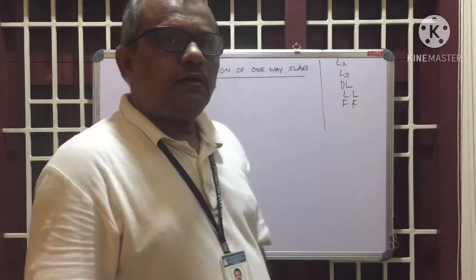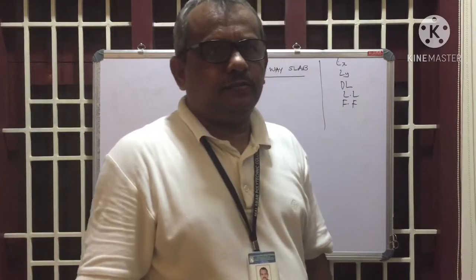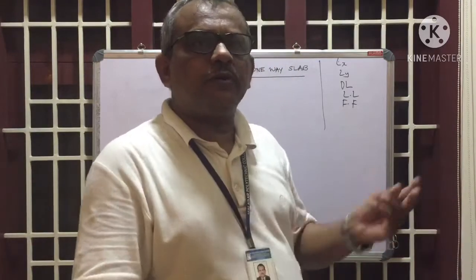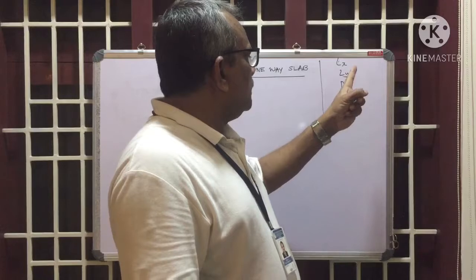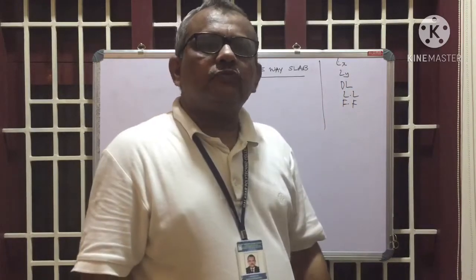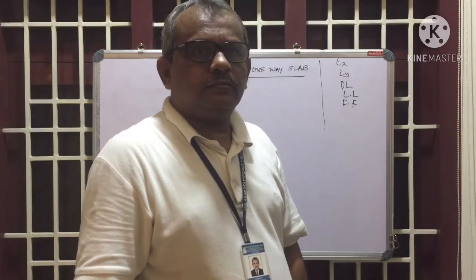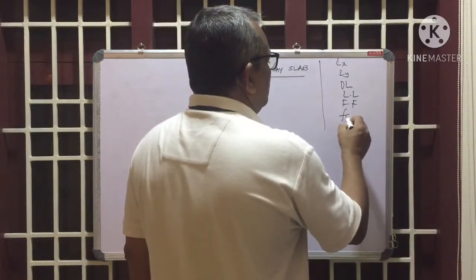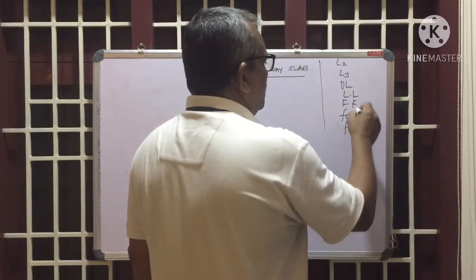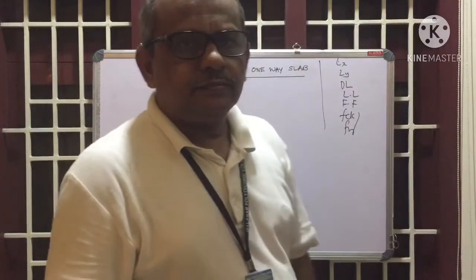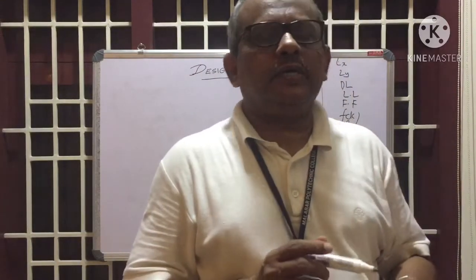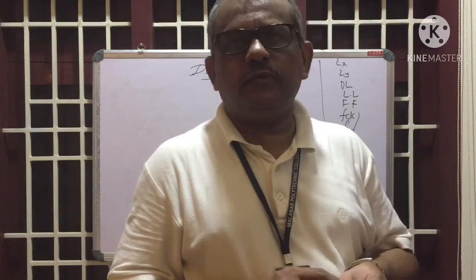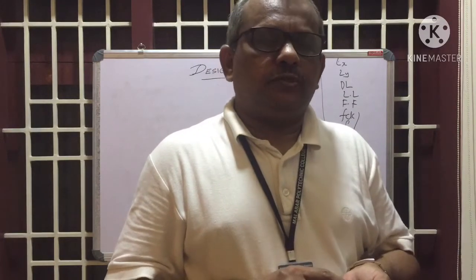Sometimes the total load will be given, or separately the dead load, live load and floor finish will be given, and then the material properties fck and fy. The characteristic compressive strength of concrete and the yield strength of steel will be given as usual.